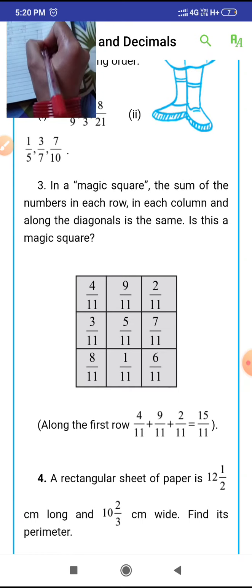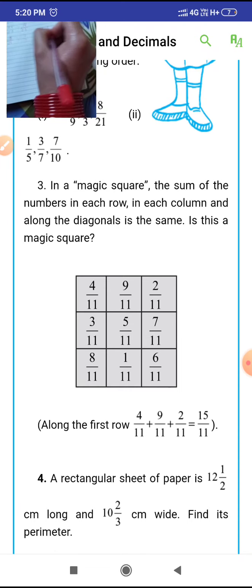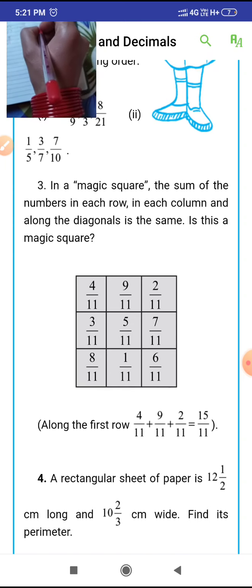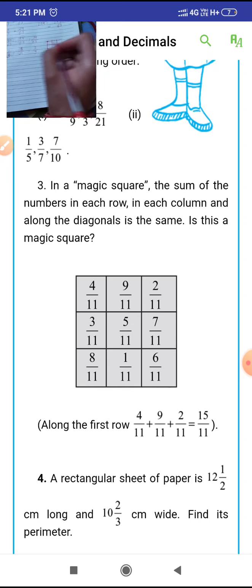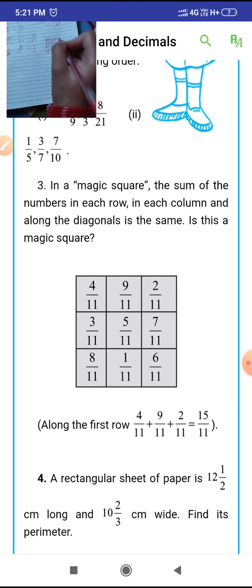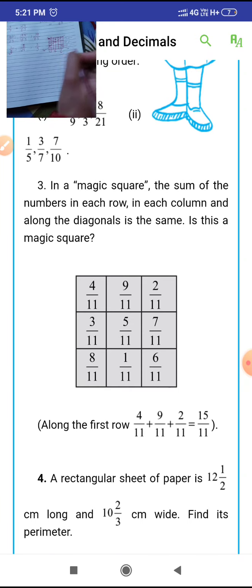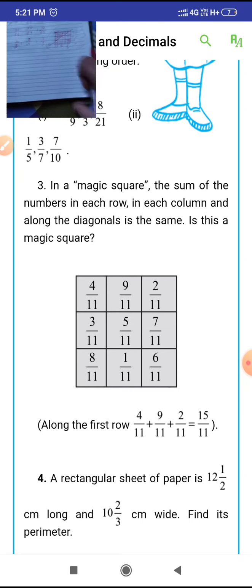Simply, it is a square in which some boxes are given and each box contains a numeral. If the sum of each row, each column and each diagonal are equal, then this square is called a magic square.